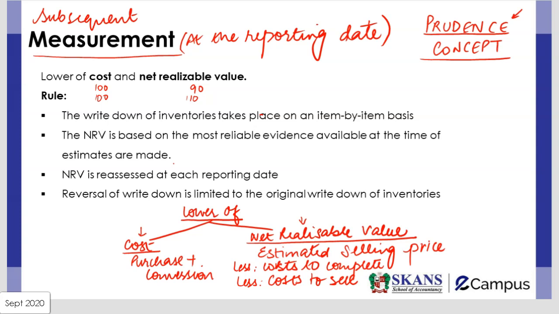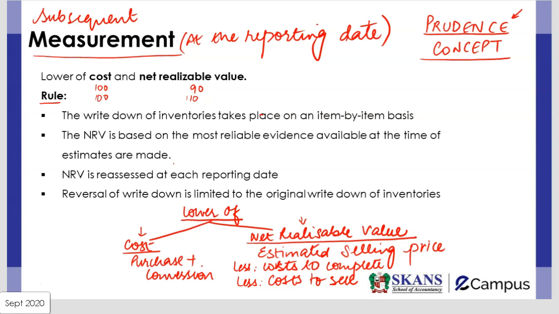Now some general rules regarding the measurement of inventory. The write down of inventories takes place on an item by item basis. This is also called separate valuation concept. So the standard says that if you have different kinds of inventory, or you have more than one item of a single kind of inventory, then the writing down should be done on an item by item basis.